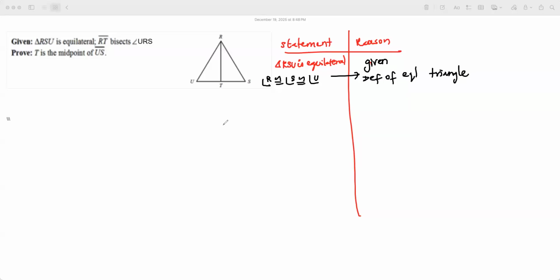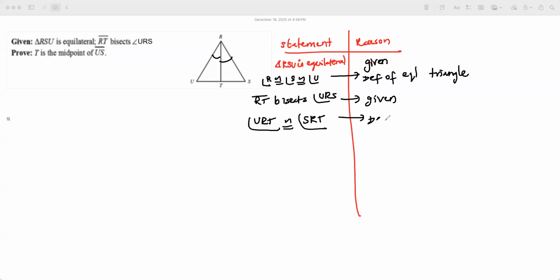Then you write RT bisects angle URS. That is given. RT bisects angle URS. Okay, given. So I can say angle URT is congruent to angle SRT. Definition of angle bisector.